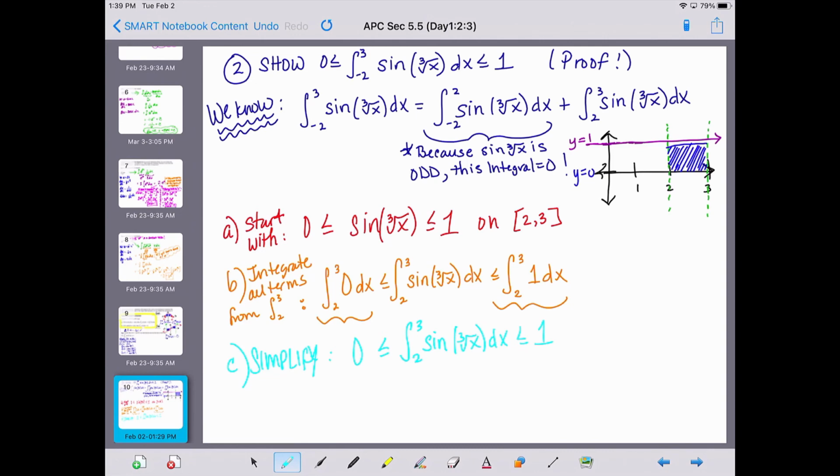And then my next step, I'll call it my step D, is that I have to add that symmetric integral, the -2 to 2 of sine of the cube root of x dx, which I know is equal to 0. I have to add that back into all sections because this is a proof, and I'm really supposed to show that the integral from -2 to 3 lives between, not just the integral from 2 to 3, right? So I just have to add that back into each section.